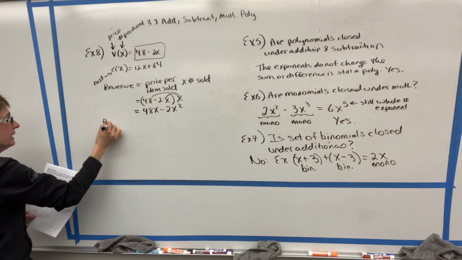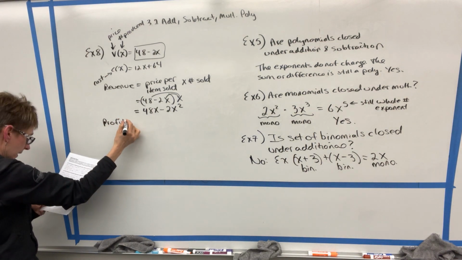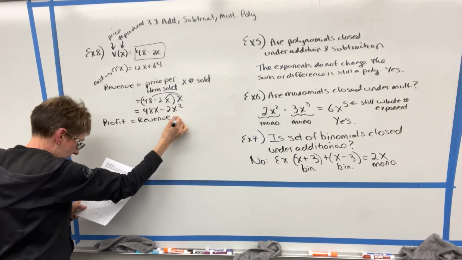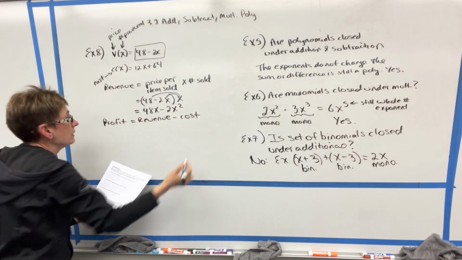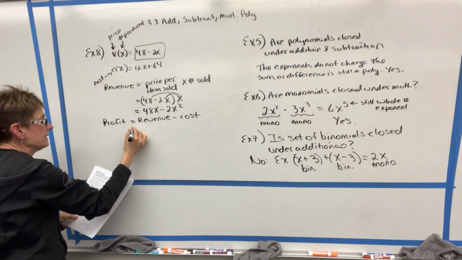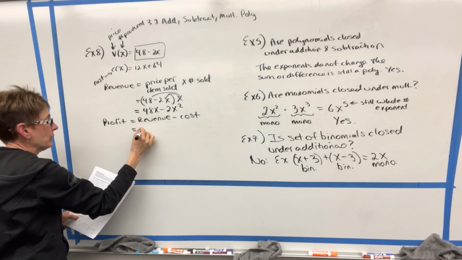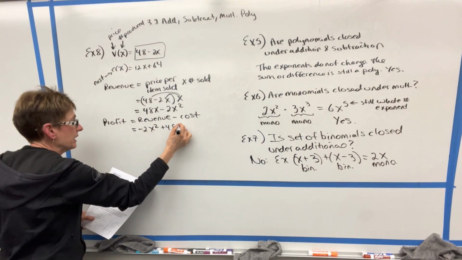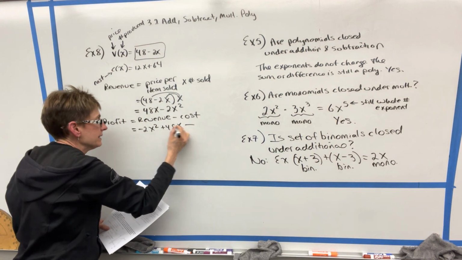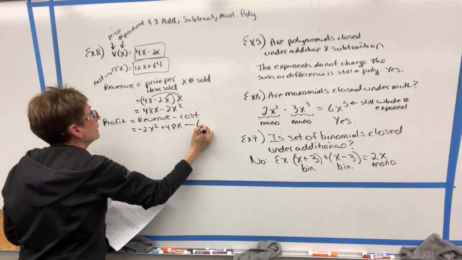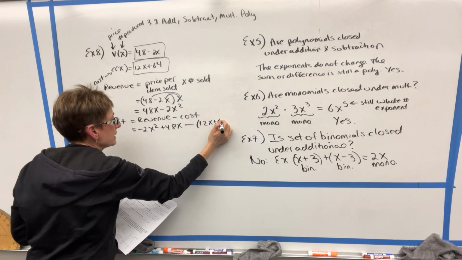Now, profit is going to be your revenue minus your cost. So the revenue, if we put this in standard form with the highest exponent first, would be negative 2x squared plus 48x minus our cost up here, the 12x plus 64.